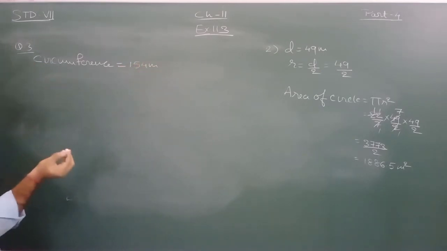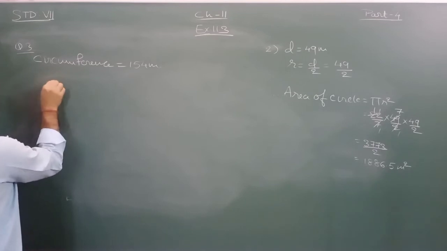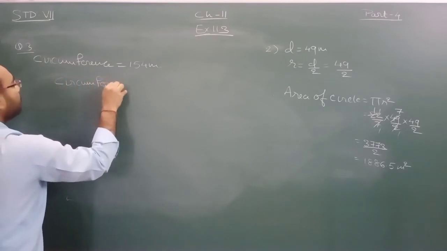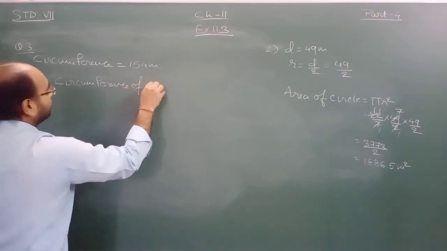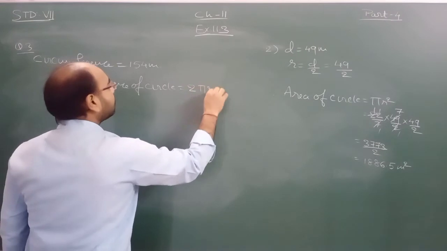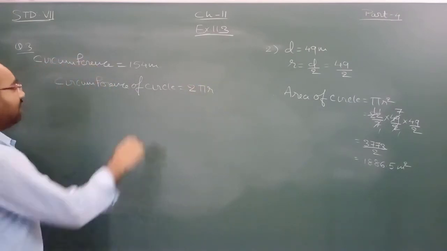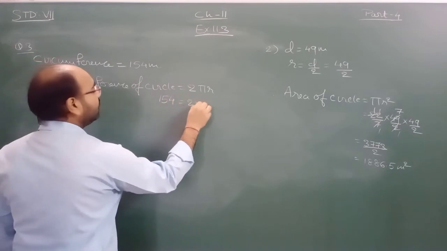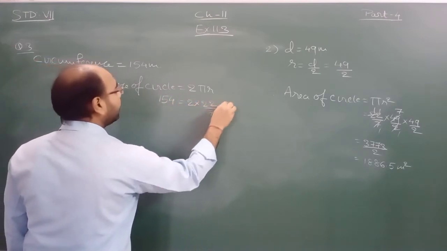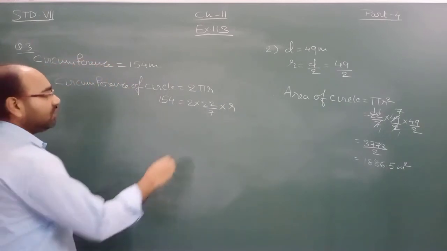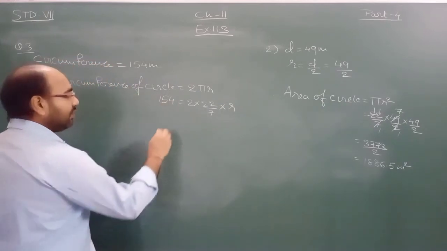Now we have to find out radius, so we will use the formula of circumference of circle is equal to 2 pi r. Now we are having the circumference 154, 2 into 22 upon 7 into r, because that we have to find out. So we will do cross multiplication.